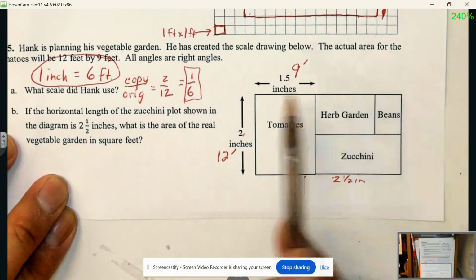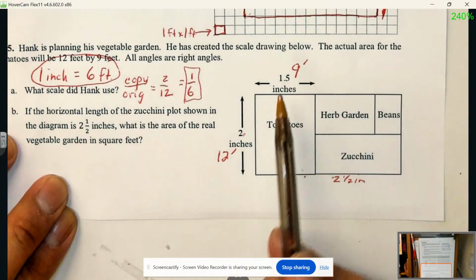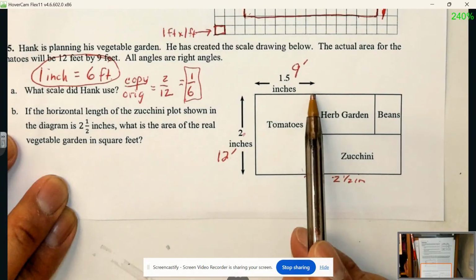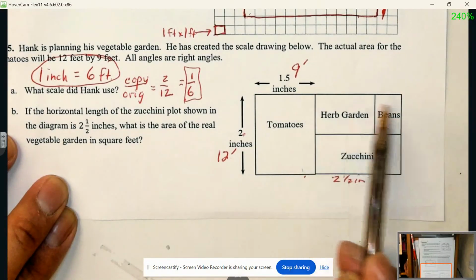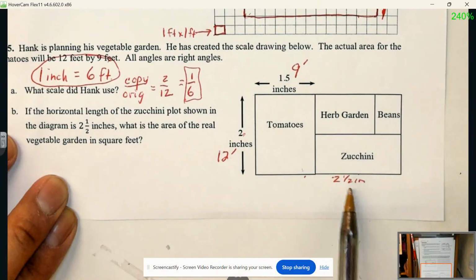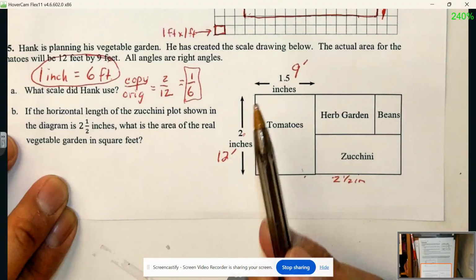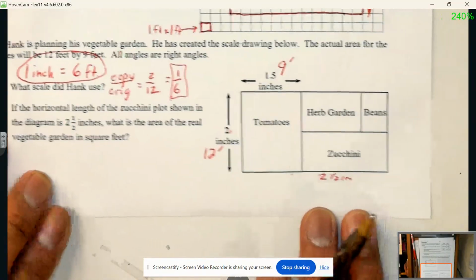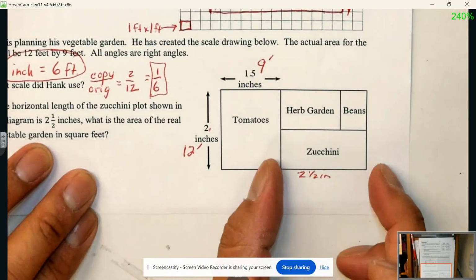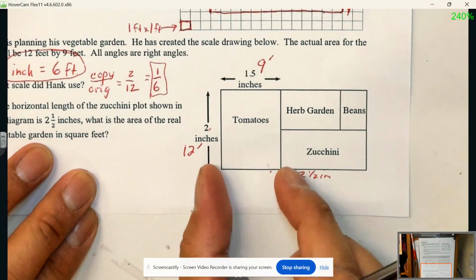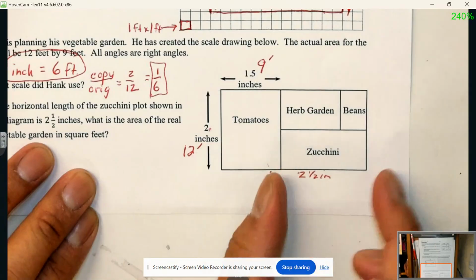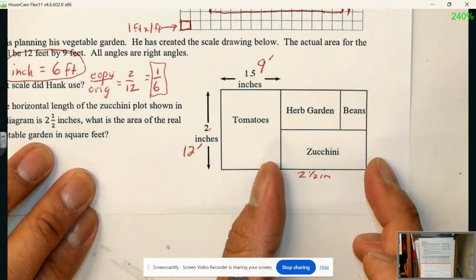So we need to find the area of the whole garden. So we already know that this is 9 feet. We just need to know what this is in actual distance, right? We know that this is 12, so we have the height, we just don't have the base. So how do we find out this entire distance? Well, we already know that this is 1.5 inches, and this is 2.5 inches.